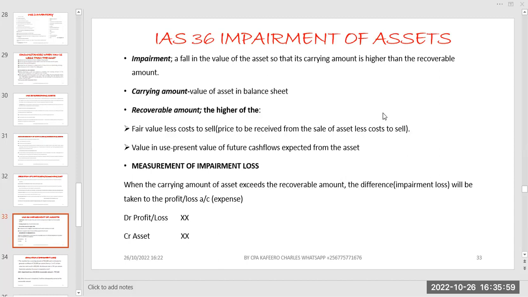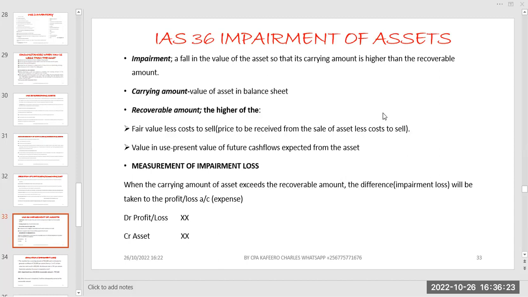We discount them and we get their present worth. That will be the value in use. We compare which one is higher, then we take that as the recoverable amount. Having seen those, we can look at the measurement. We can look at how we measure these impairment losses, and we'll be able to understand.